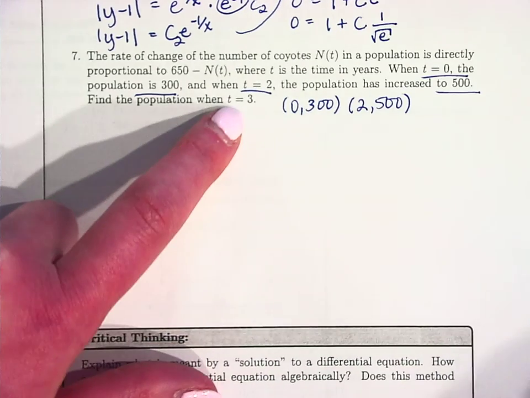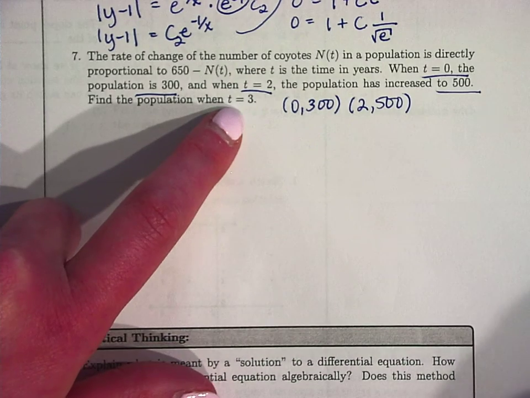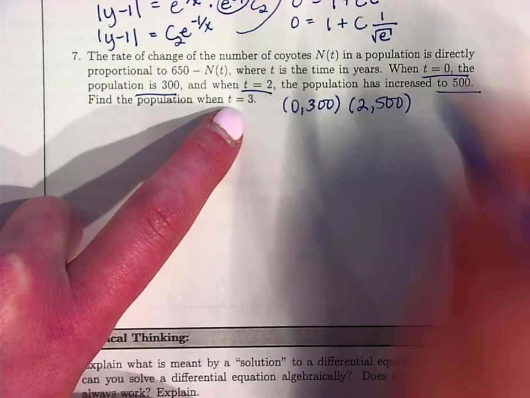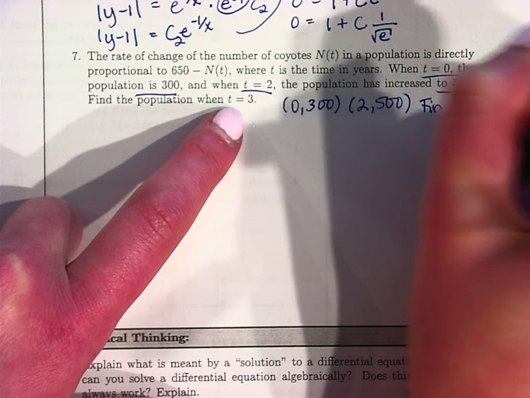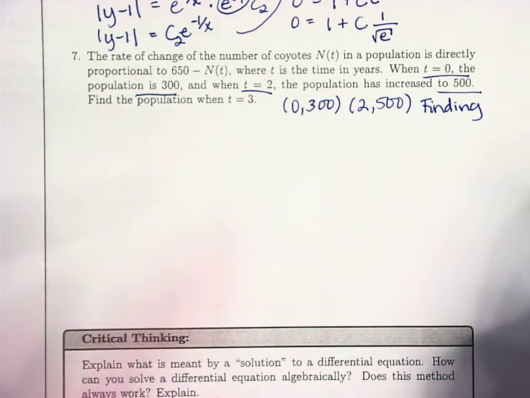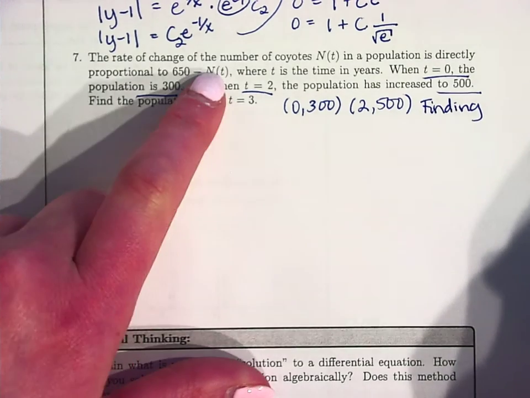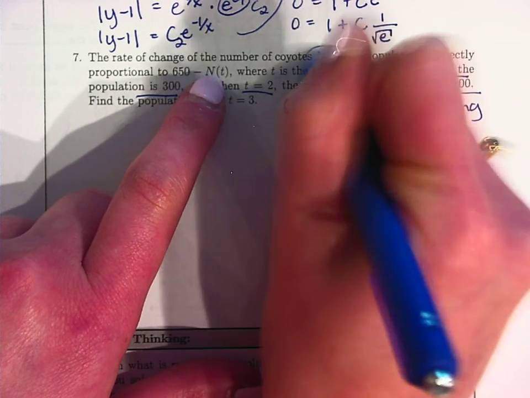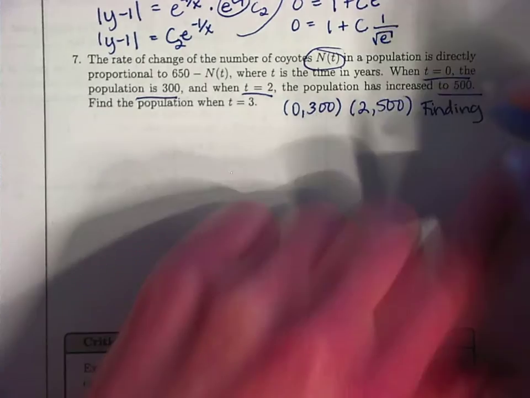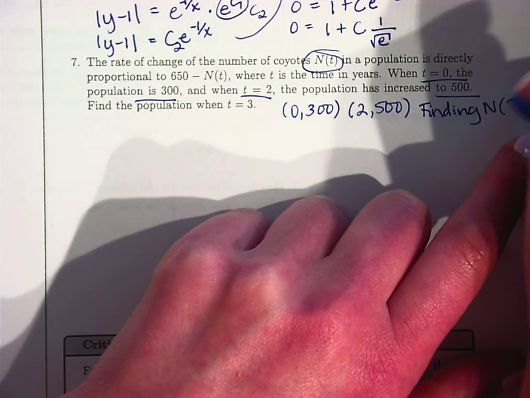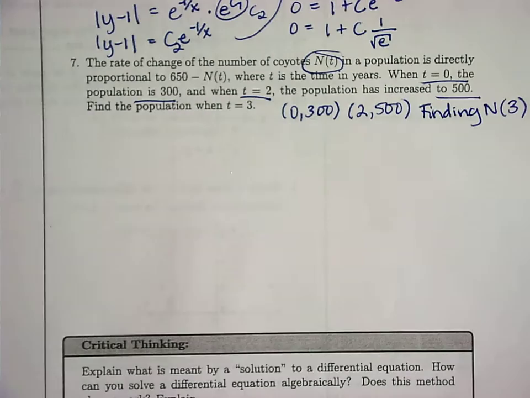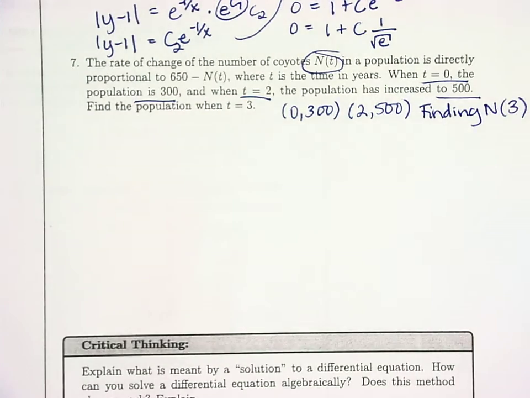And we're trying to find the population when t equals 3. The population is represented by N of t, so we're looking for N of 3, population at 3 years.